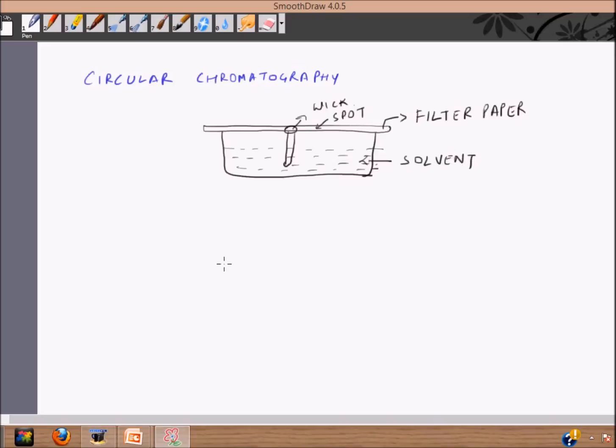So a small wick is cut from the center and a drop of the mixture to be analyzed is placed near the center as a spot and allowed to dry. It is then developed in a suitable solvent. We call it irrigant. The irrigant is taken in the petri dish.